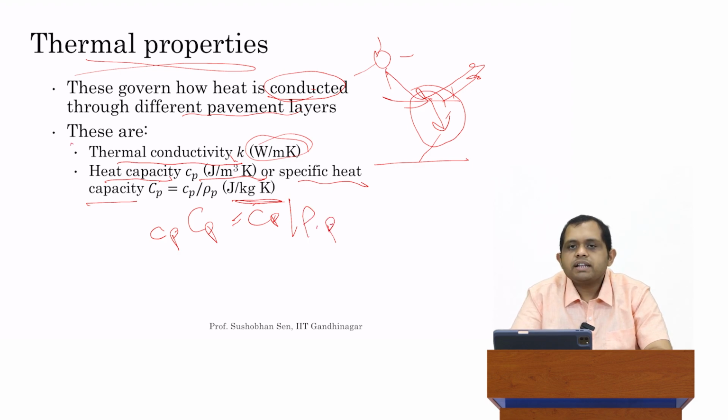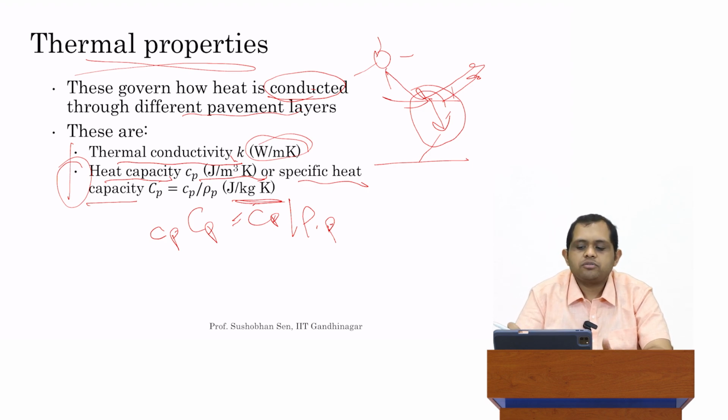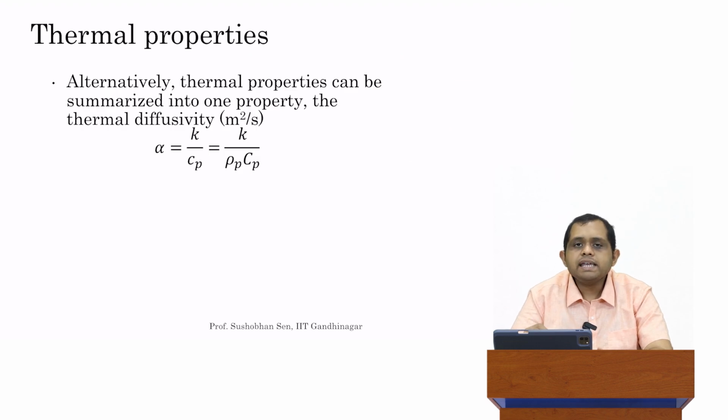So thermal conductivity and heat capacity. Thermal conductivity tells you the rate at which energy is transmitted through the pavement or through the layer, and heat capacity tells you the rate at which the temperature of the layer is changing for a given amount of energy that has been pumped into it. In practice, however, we generally combine these 2 into one single and very important thermal property, which is called the thermal diffusivity.